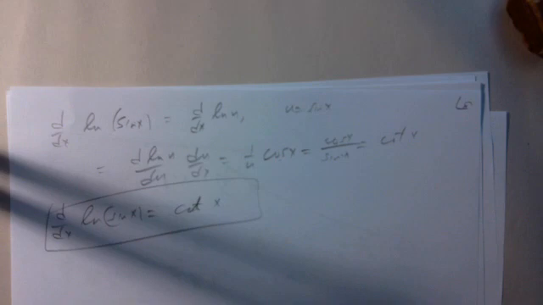So this is the last differentiation formula. We now have all the rules we need to differentiate any function we come across, no matter how complicated it looks, because complicated functions almost always are composite functions of one sort or another.